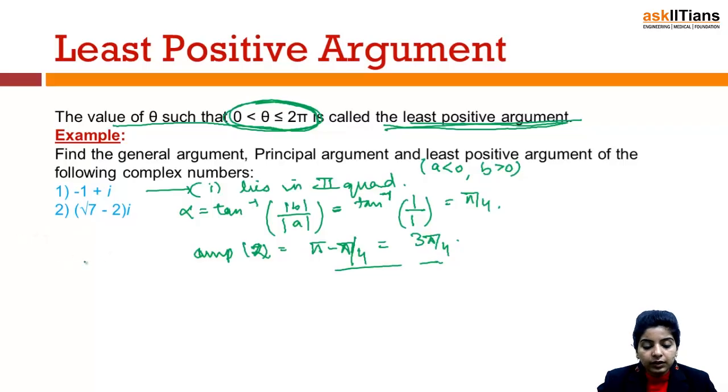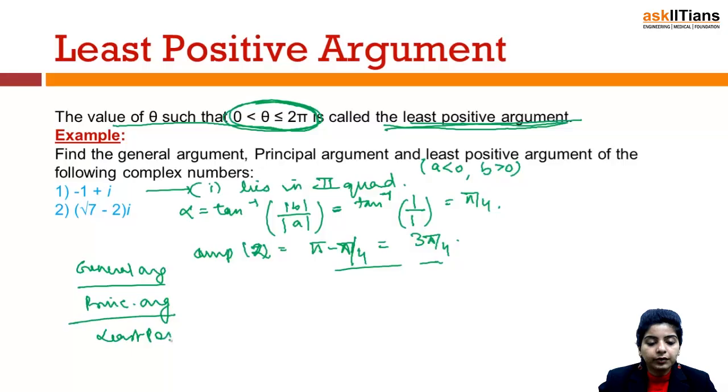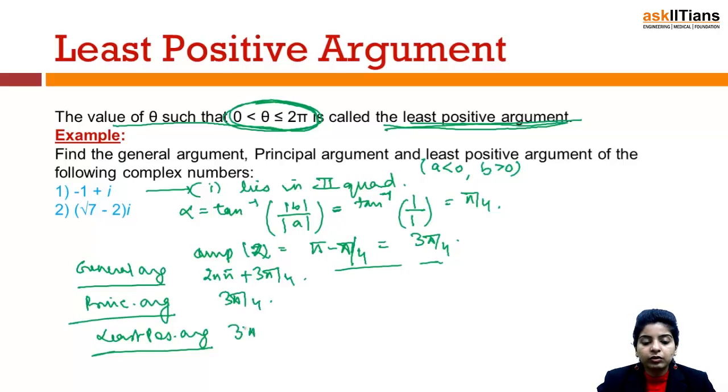We were required to find the general argument, the principal argument, that is the amplitude, and the least positive argument. These are the three things we were required to find. The general argument becomes 2n pi plus 3 pi by 4, by the definition of general argument. The principal argument is 3 pi by 4, and the least positive argument is also 3 pi by 4, since it should lie between 0 and 2 pi. So these are the three required answers.